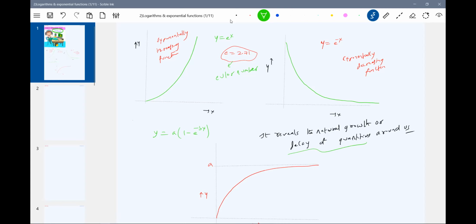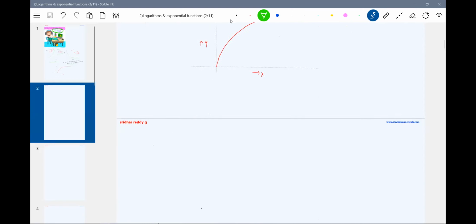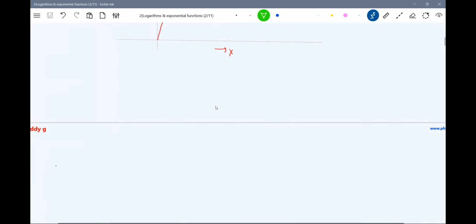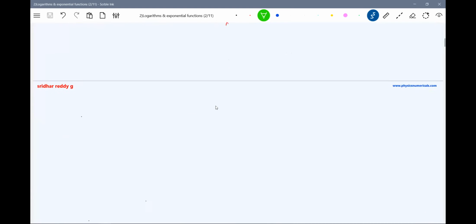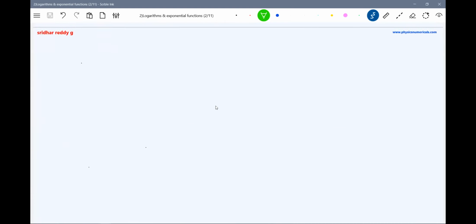Okay, we have to explore even the logarithms, no? So what about the logarithm graphs? How will the log x graph be? We have to check that also. Okay, let's go for the logarithms. So when I go for the logarithm graphs, let me continue here.